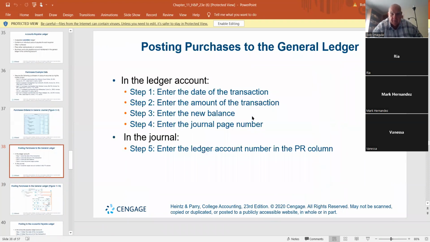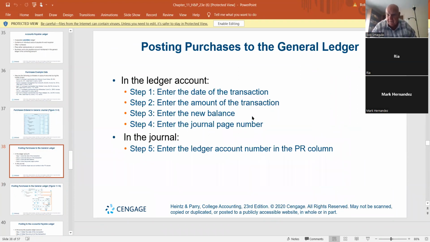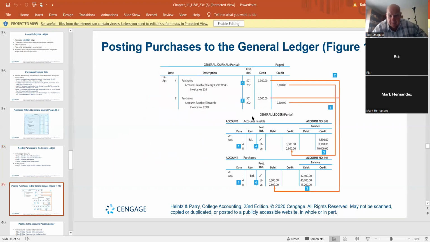Post to the general ledger. In the general ledger, as you know, you enter the date, the amount, and then you're going to come up with a new balance. Enter the journal page number if necessary. In the journal, enter the ledger account number in the PR post-reference column.